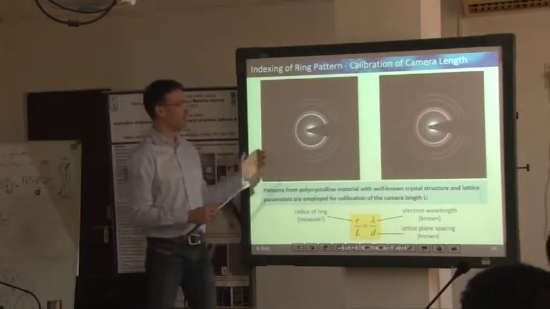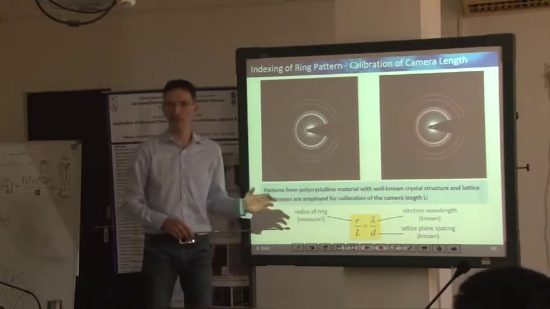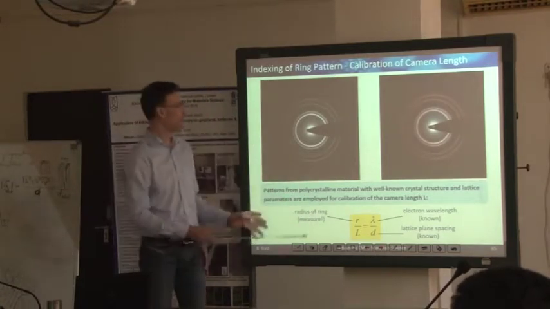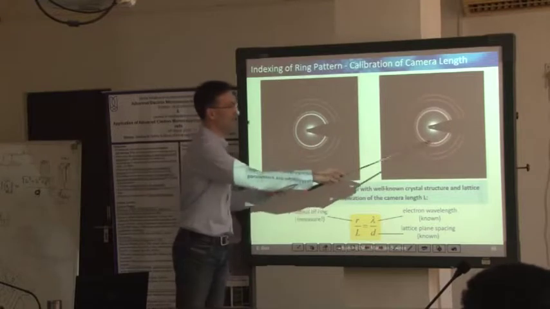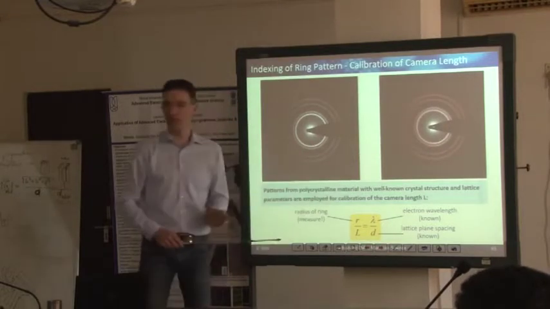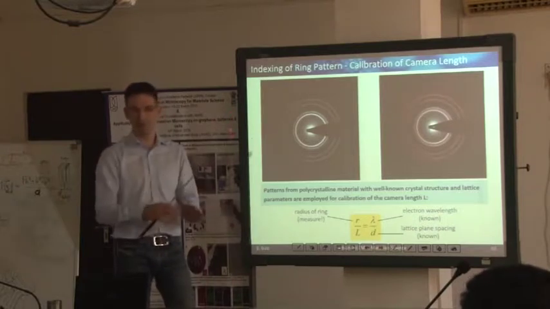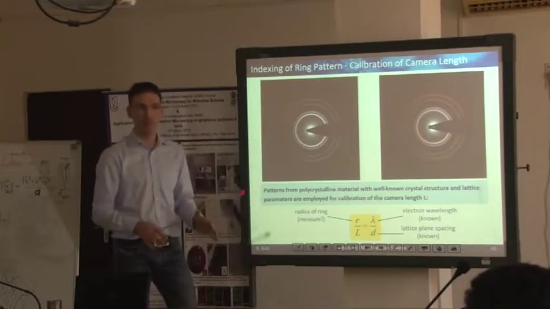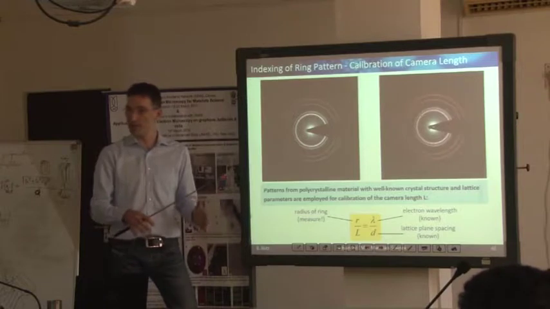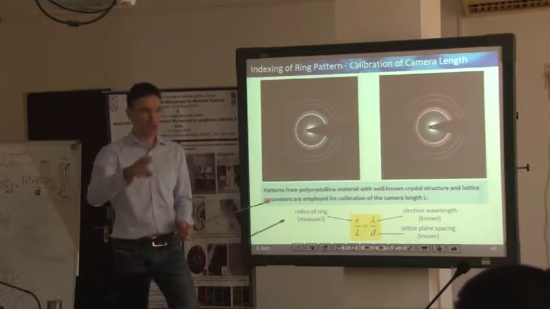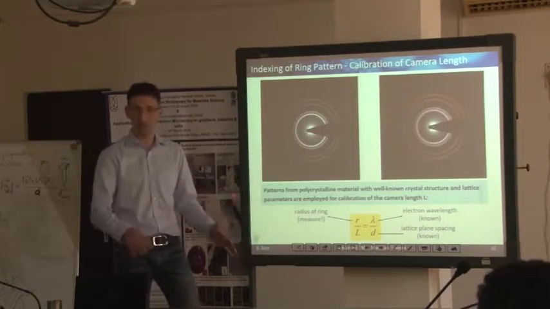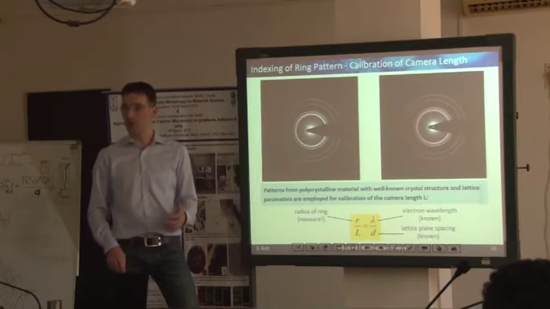If you want to do some quantitative analysis, if you don't know the crystal structure, if you want to compare with some simulation, what you always have to think about is the scaling of your diffraction pattern, which means the camera length of your microscope, which is easy to change. There are lenses to zoom in and out of the diffraction pattern, and you need to know your camera length.